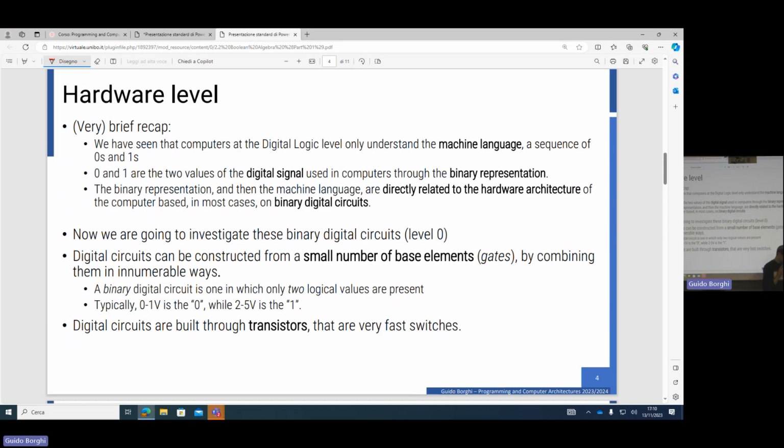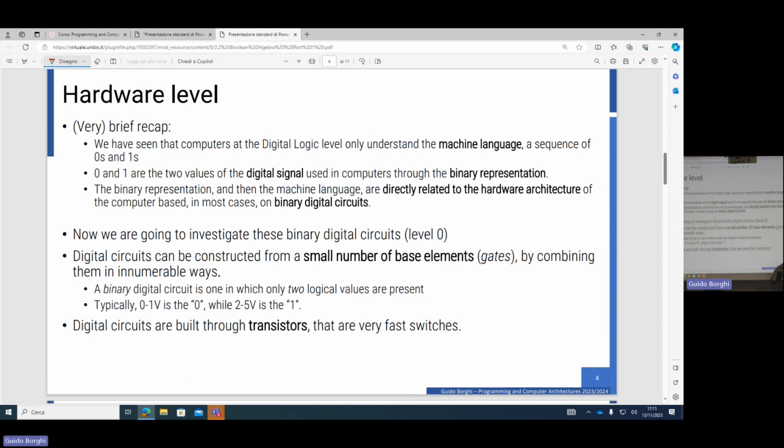The positive fact is, fortunately for you and also for me, it's possible to create these binary digital circuits using only a very limited amount of base elements, okay? Only 3 base elements, and these 3 base elements are called gates, okay?